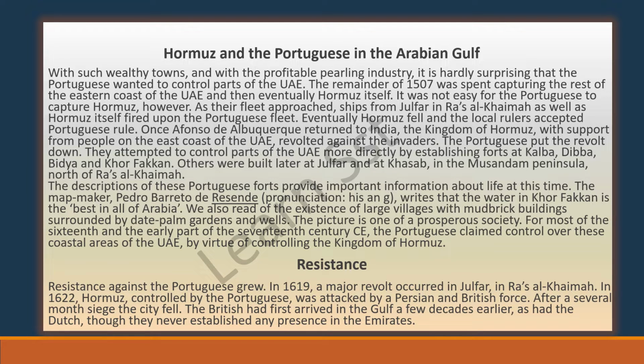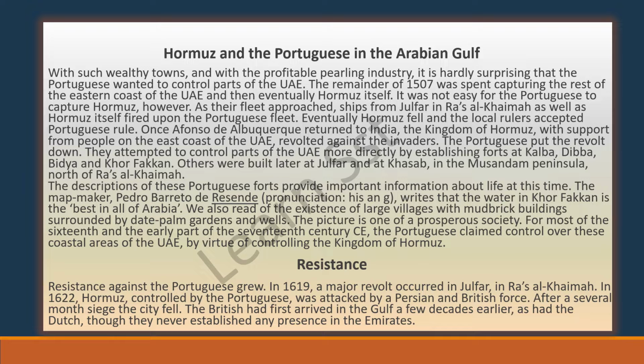In 1622, Hormuz, controlled by the Portuguese, was attacked by the twin forces, that is in alliance, the Persian and the British force. So they wanted to open the gates of trading so that they can start trading in the Gulf region. So they took the help of the Persians.